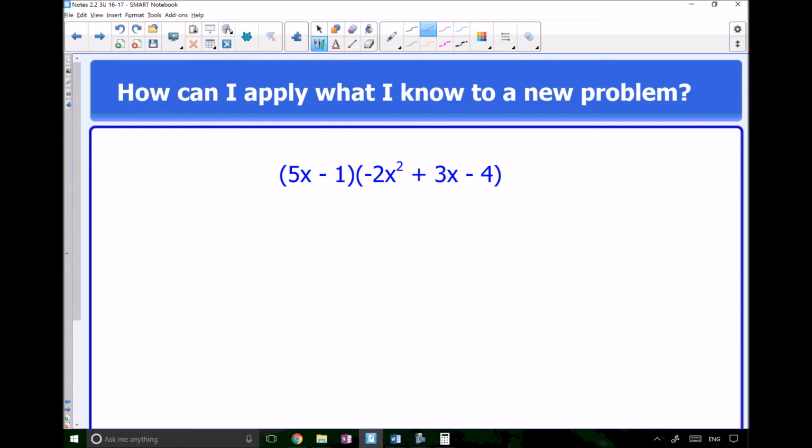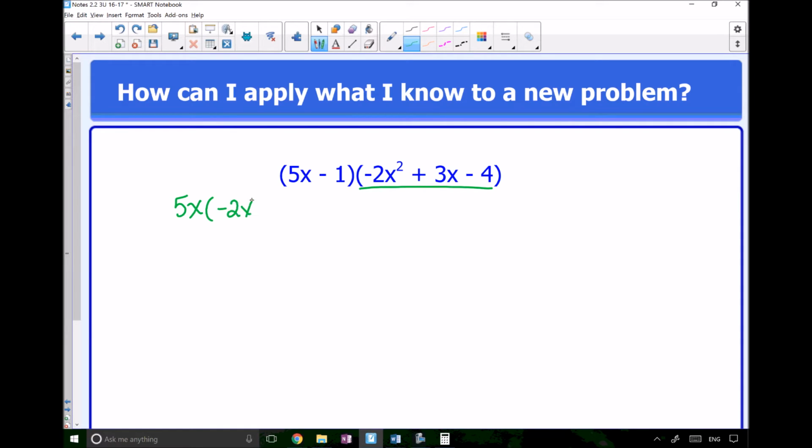All right, so now I'm wondering how I can apply what I know about distributing polynomials to a new type of problem. So if you look right here, I have 5x minus 1 times negative 2x squared plus 3x minus 4. Essentially, it's the same type of idea. I'm going to take the 5x and distribute it to everybody inside of this set of brackets.